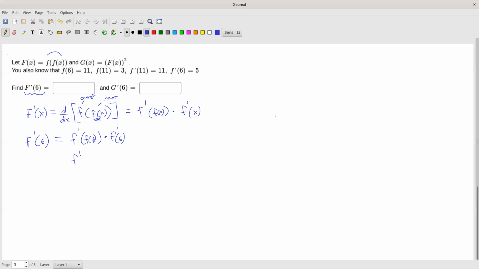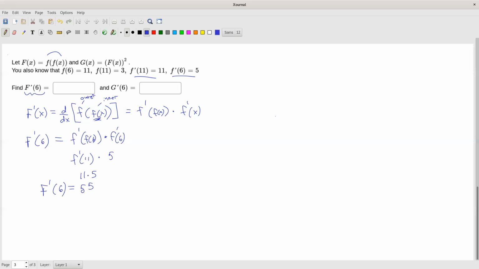Then I need to know what is f prime of 11. And f prime of 6 is given over here at the end as 5. And f prime of 11 is 11 up there. So then I get 11 times 5 is 55. So now I know what capital F prime of 6 is.